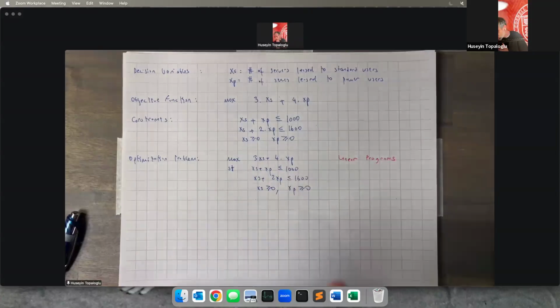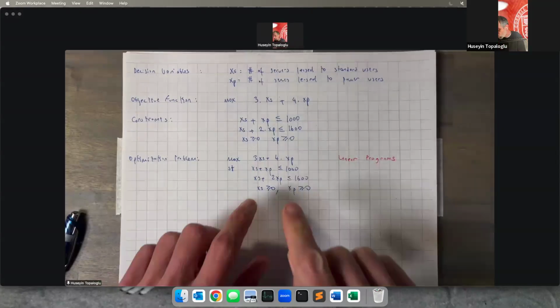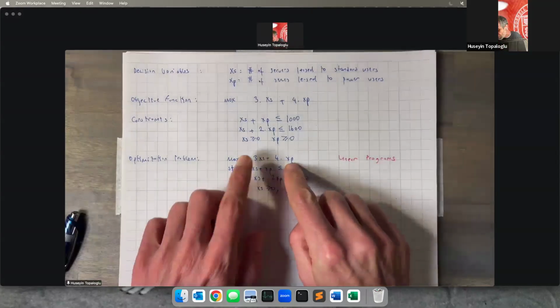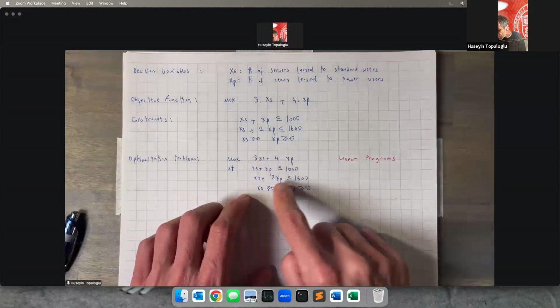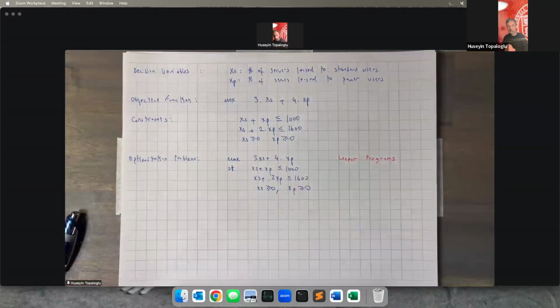Good. So now I would like to solve this optimization problem. I want to find a value of xs and xp that maximizes the objective function while making sure that the values of xs and xp satisfy all of these constraints. Good. So now let's write down some terminologies. The first terminology I would like to introduce is the notion of a feasible solution.